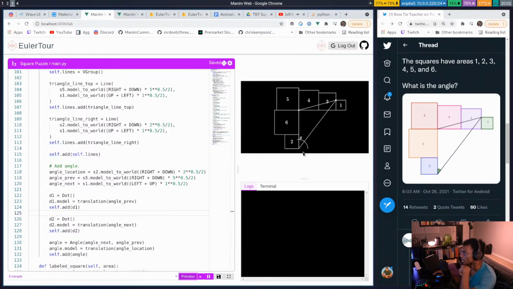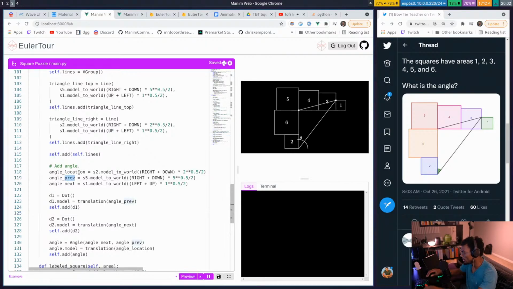So it must be something with the angle logic. Angle next and angle prev. If it's measuring in the positive direction, which means I'd want this one to be the prev.